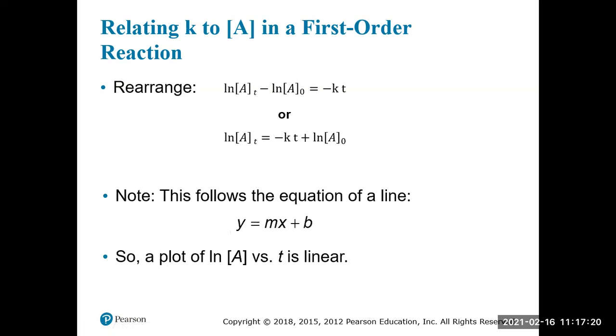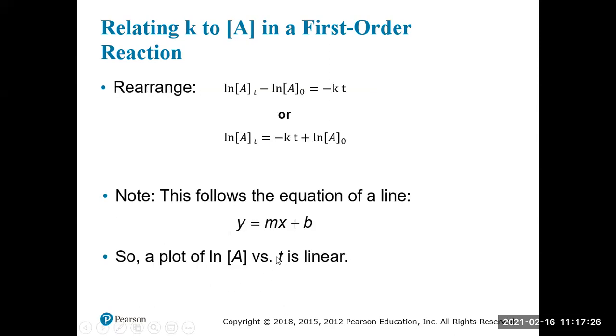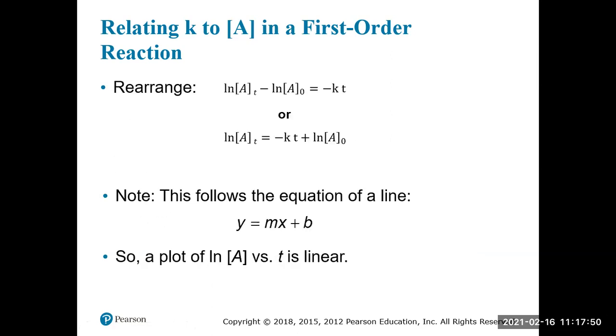Okay, so the other thing I want to point out is, so we have this formula here. We can further rearrange this to have natural log of A sub t minus natural log of A sub 0 equals minus kt. Because remember, when you have these natural logs divided like this, to separate them out, it's natural log of the numerator minus natural log of the denominator. So that's all we've done here, is broke them out that way.